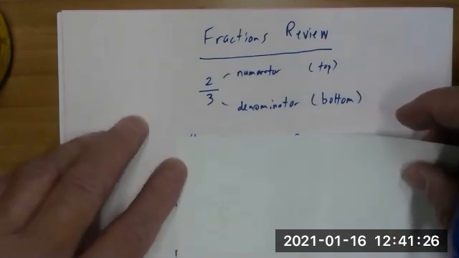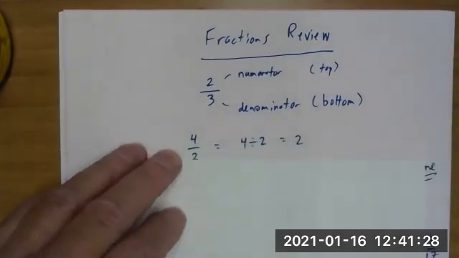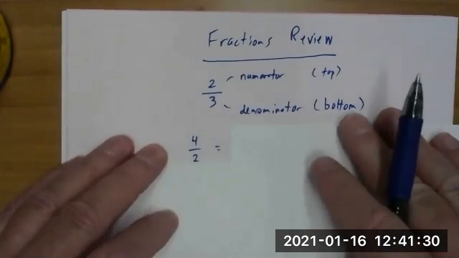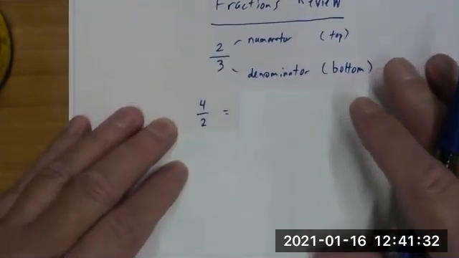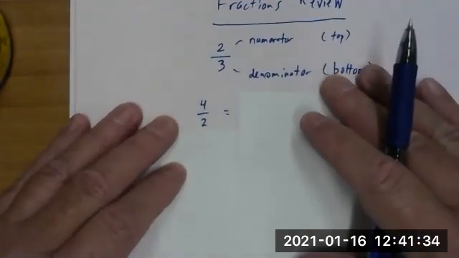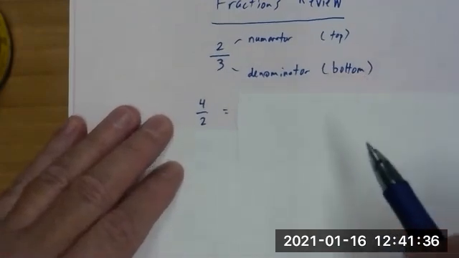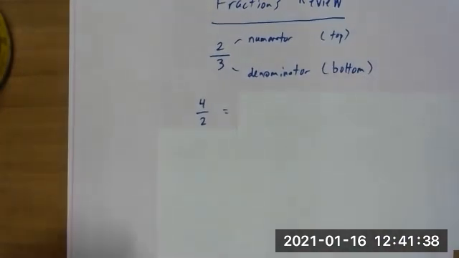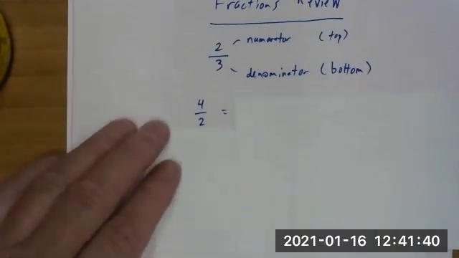Now, when we think about fractions, one of the things you learned way back, here we have the fraction 4/2. A fraction really is the exact same thing as division.